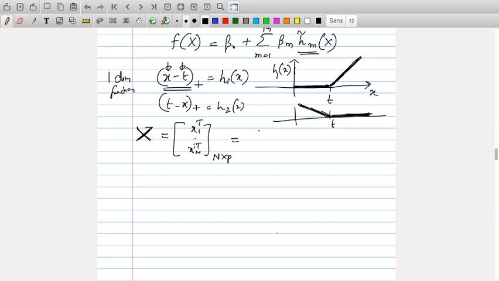Let me write it explicitly: x11, x12, x1p down to xn1, xnp.